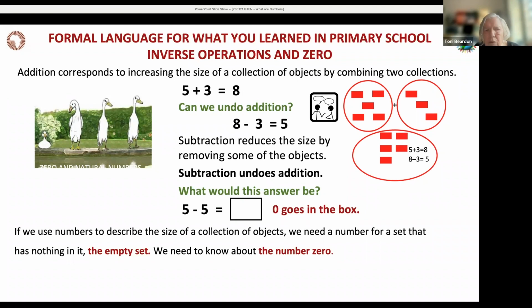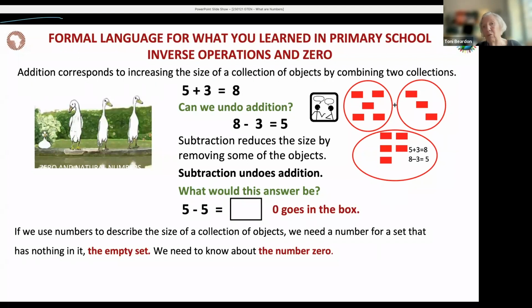If we use numbers to describe the size of a collection of objects, we need a number for a set that has nothing in it. Small children know about the counting numbers starting with 1, and then they have to learn about the number 0. And it was the same with mankind. For thousands of years, people didn't think of 0 as a number.